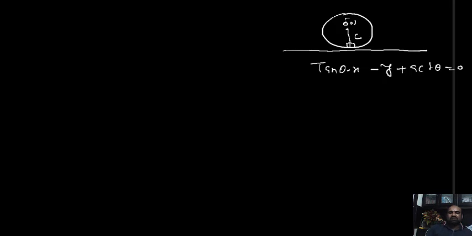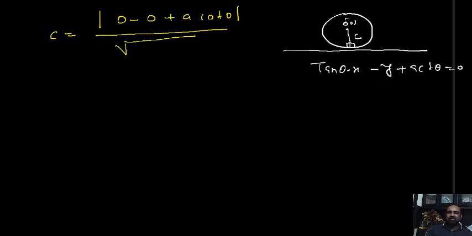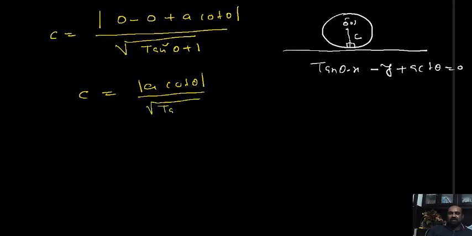So this distance should be equal to the radius of the circle, c. You know how to find distance by the distance formula: c equal to mod of ax1 plus by1 plus c, by root over a square plus b square. Mod of tan theta into 0 minus 0 plus a cot theta, by root over tan square theta plus 1. Finally, c equal to mod a cot theta by root over tan square theta plus 1.